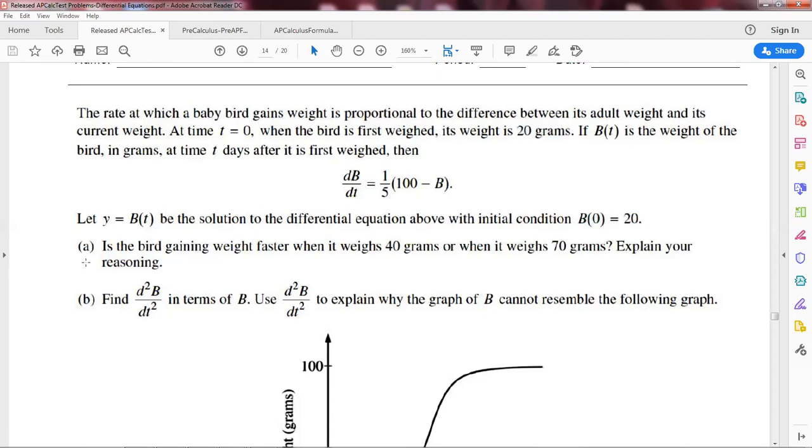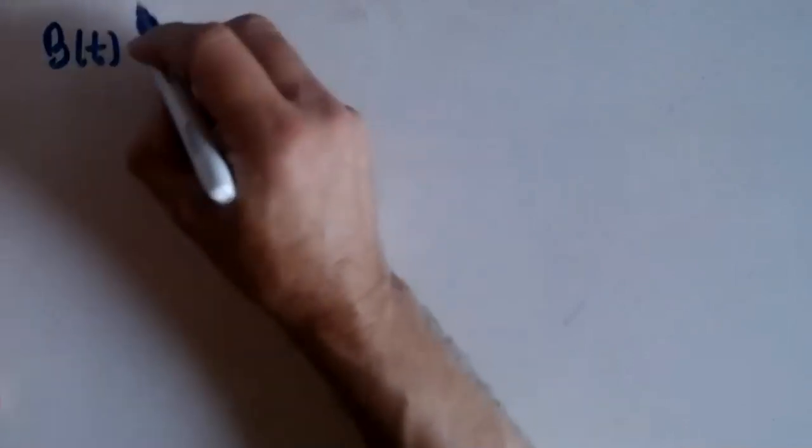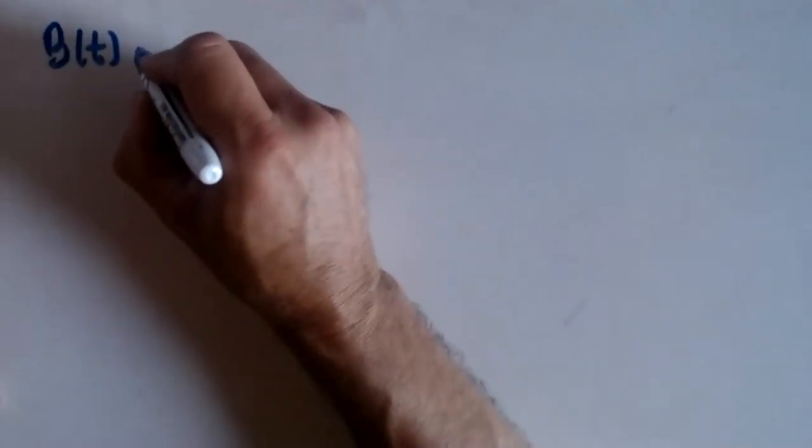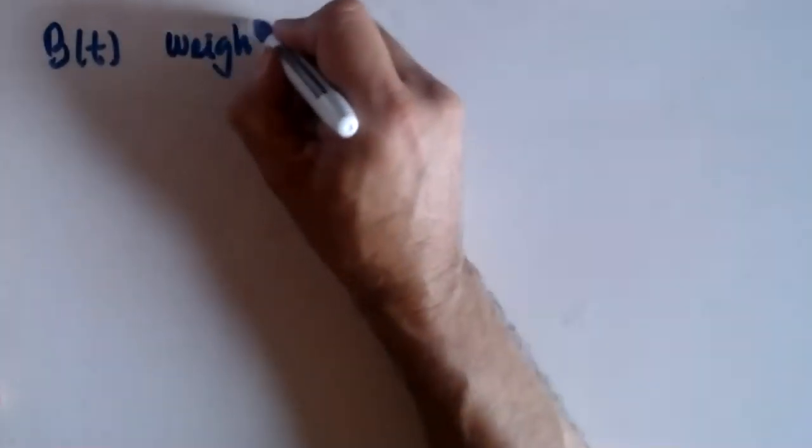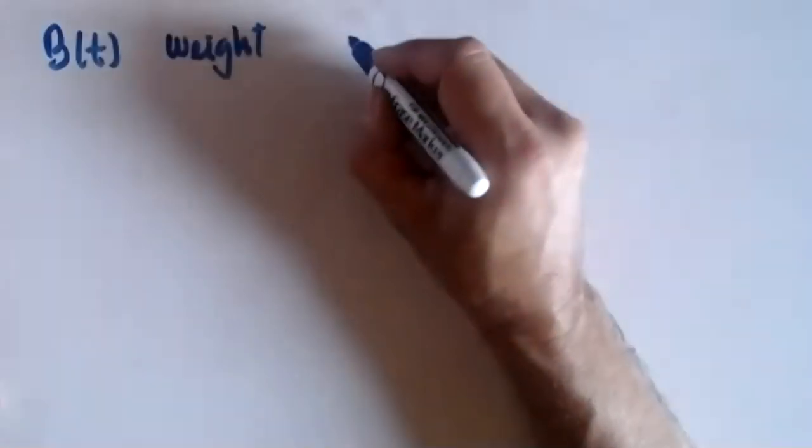So this is part A. Is the bird gaining weight faster when it weighs 40 grams or when it weighs 70 grams? Explain your reasoning. The only thing you know is you have a function B of t, which is weight, and t is time.